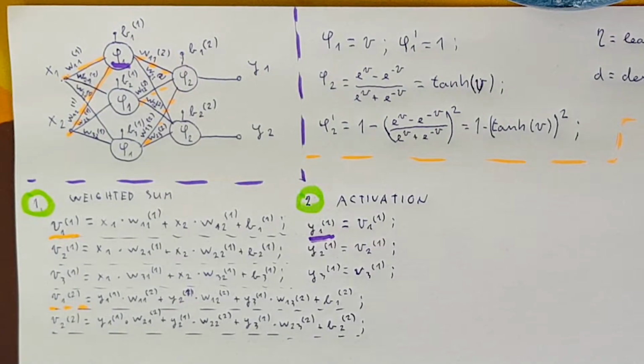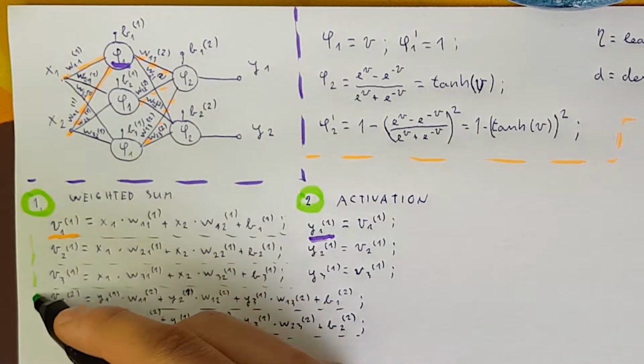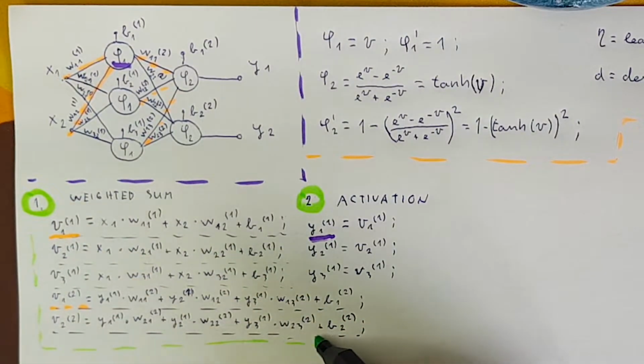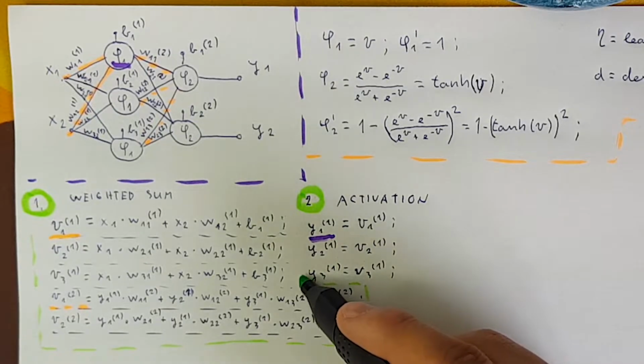So we have all our weighted sums. I shall mark it down. So this is our weighted sum.